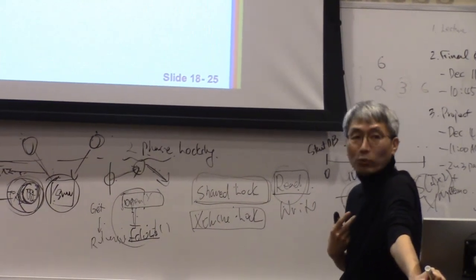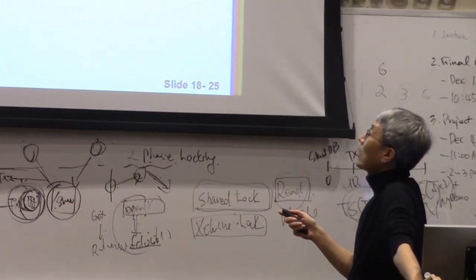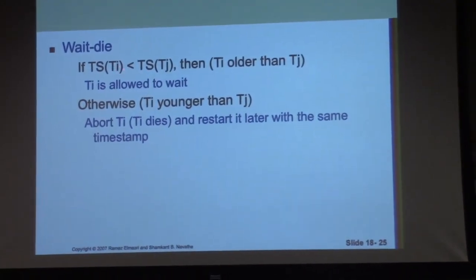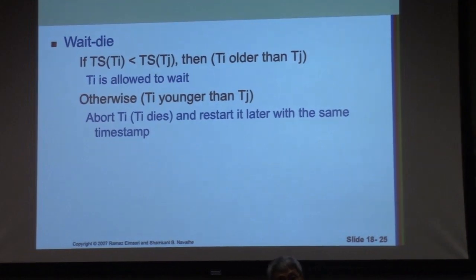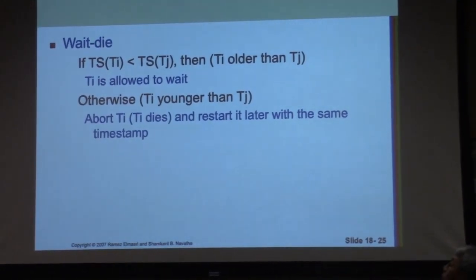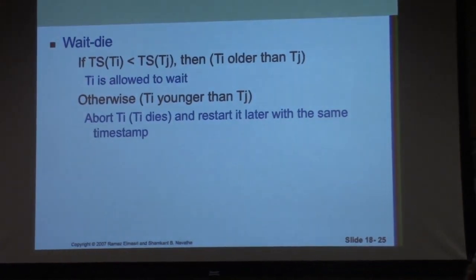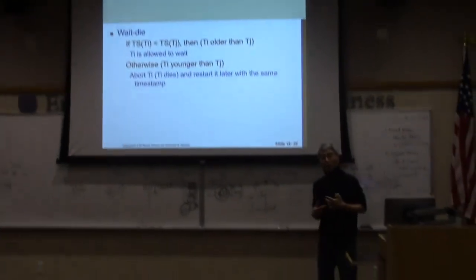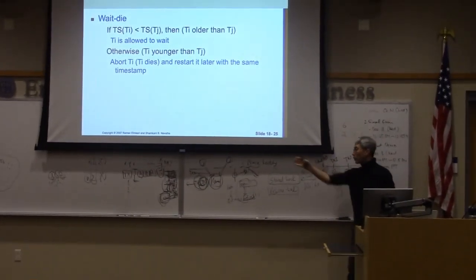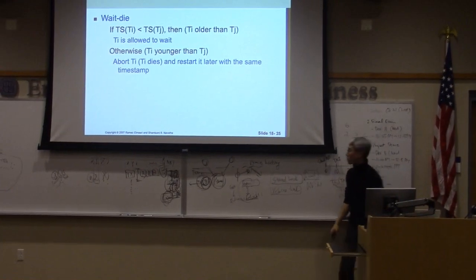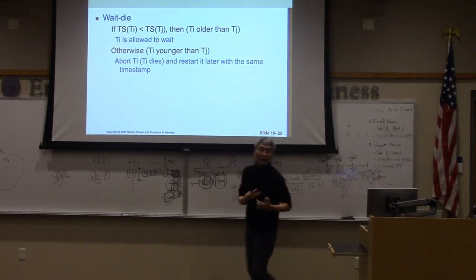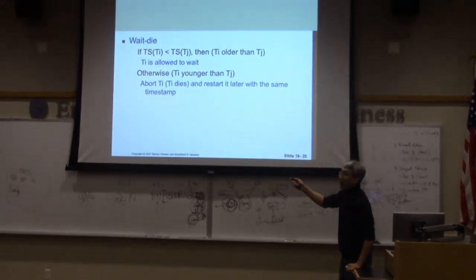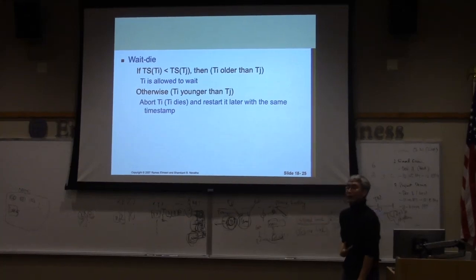But since we have a complex situation, if Ti is the transaction that caused the conflict, then if Ti is older, which means it started earlier, and it is requesting the resource, because it started earlier it deserves to eventually get the lock. So you do not kill the other process, but this one will wait.